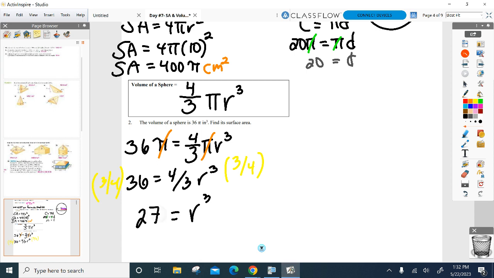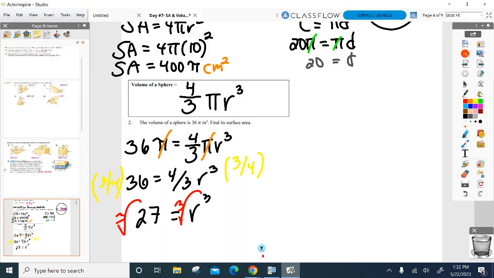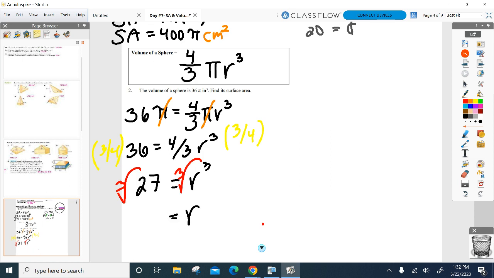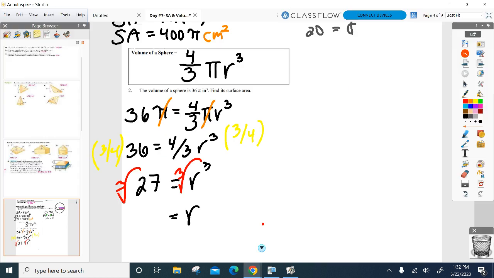I did talk about this in this unit. I don't take the square root when it's cubed. I take the cube root. And another reminder where that's located: you go to your calculator under math, choice 4. What's that radius length? 3. Good deal.